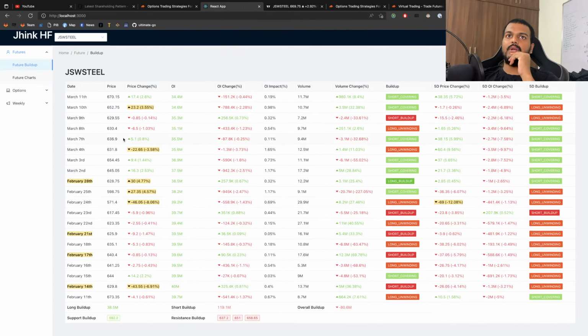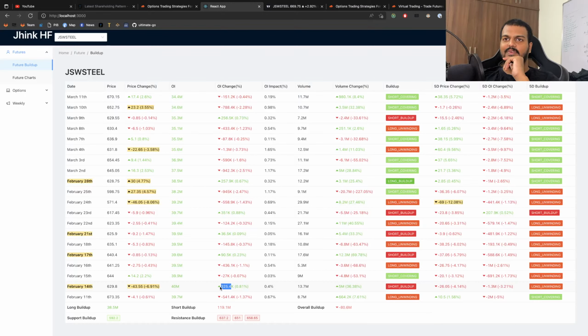And then what happened is, again on 17th, there was a huge short buildup. If you are seeing, the volume changes were good, and it is around 1 million contracts which were there, and here there are 3 million contracts. Out of 5 million volumes, the OI change was almost close to 1 million.